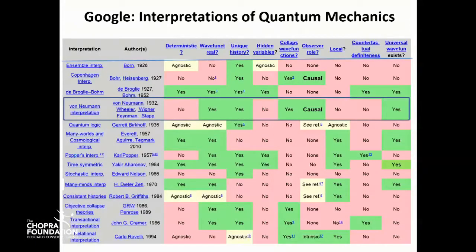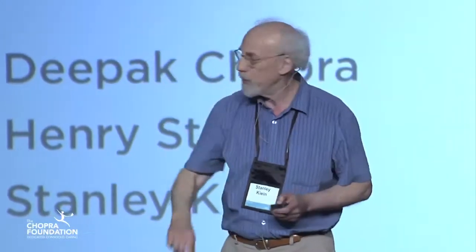There's the thing that Deepak mentioned of the multiple interpretations. Going down the list, I don't think it's legible. It starts with Heisenberg and Bohm, de Broglie, and then von Neumann is advertised. All of the horizontal rows are different interpretations historically listed. The columns are what's exciting. Anybody can go to Google and type in interpretations of quantum mechanics, and you'll get the Wikipedia page for that.